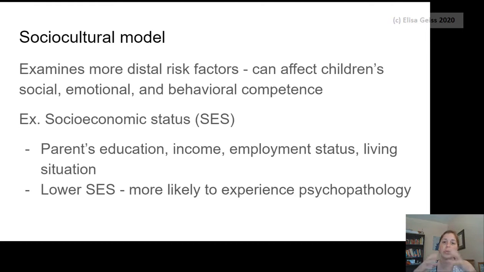These are more distal, or distantly related, risk factors that can affect a child's ability to interact in the world. There are things like socioeconomic status that can really affect a child in multiple ways. Parents' education and income level, for example, might influence how much a child is able to get the help that they need.